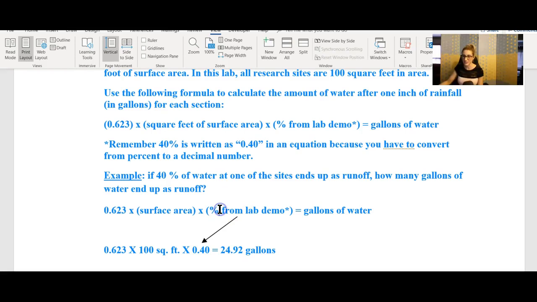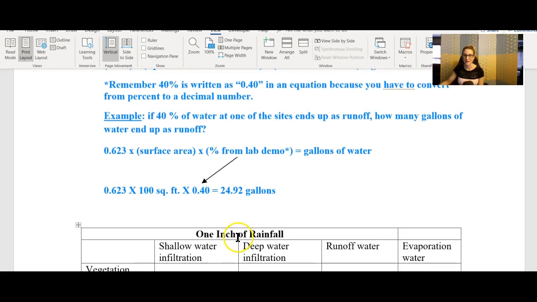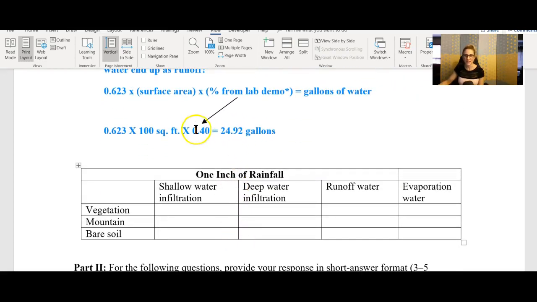So we're going to have the percentage from the lab demo, but we need to convert that into a decimal. We need an actual number, not a percentage. So again, you just move the decimal point over 2 spaces, and that'll give you your conversion there, correctly. You can see I have that example there.